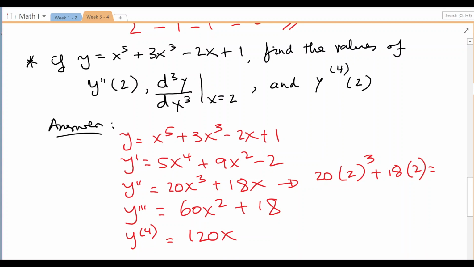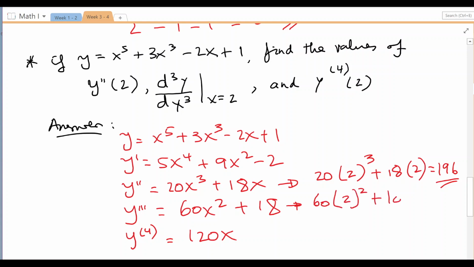We calculate 8 times 20 is 160, plus 36 equals 196. 196 is the answer.